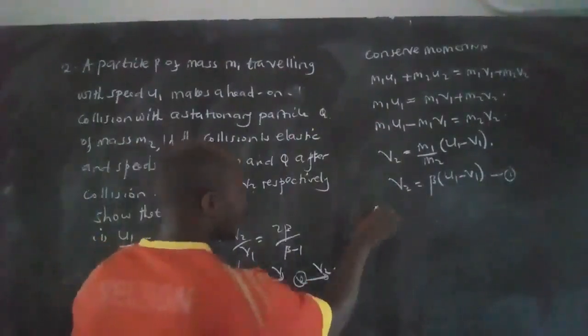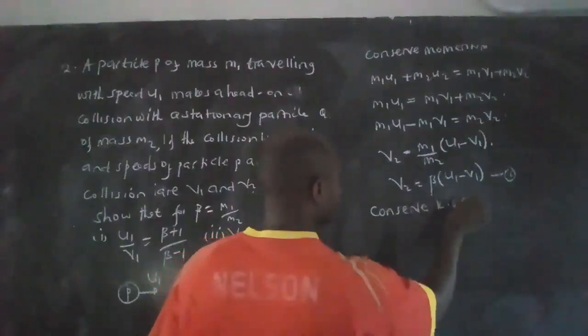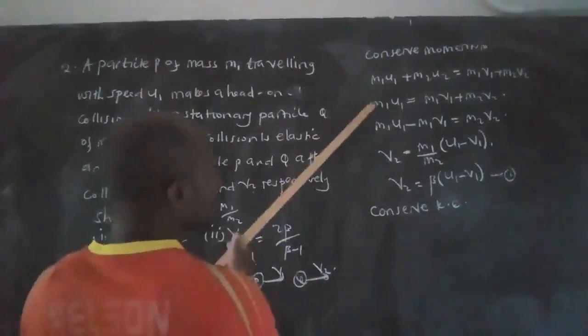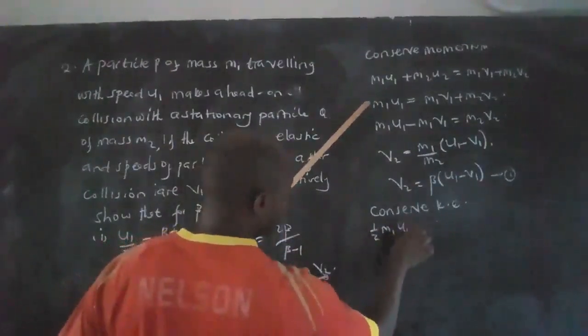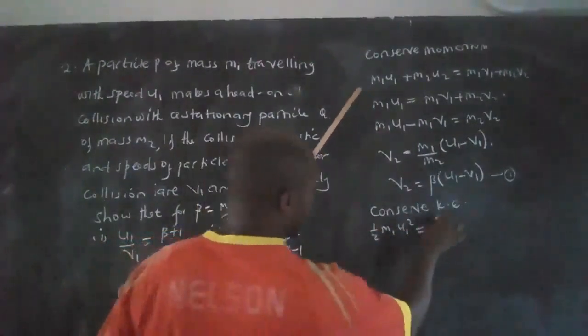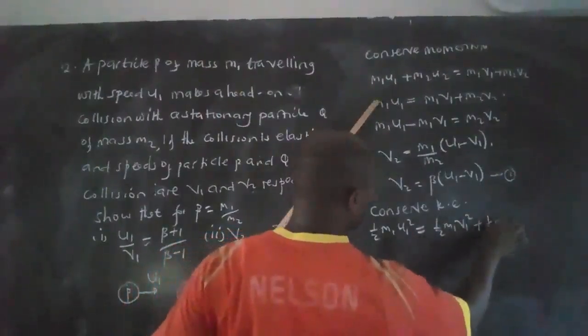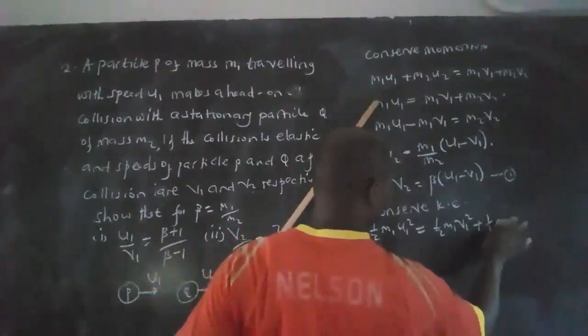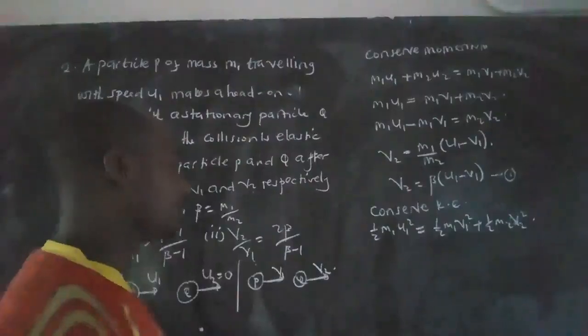The next thing is conserve kinetic energy. So come back here. Here, this is a half m1 u1 squared is equal to a half m1 v1 squared plus a half m2 v2 squared. So let us make v2 squared the subject of formula.